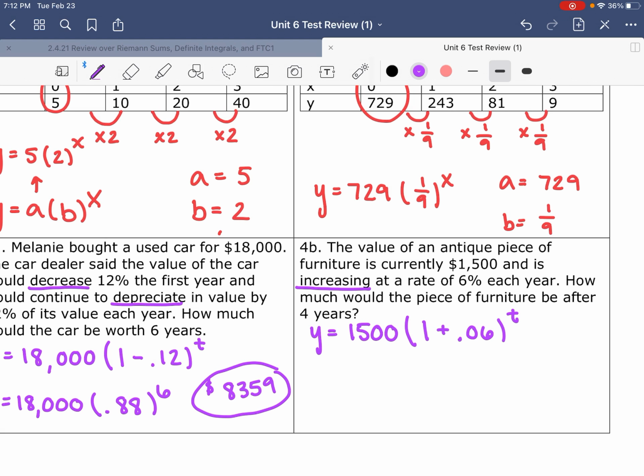So if it's a single digit number, make sure you put that 0 in front, not just 0.6. So then I have y equals 1,500. If I add that, I get 1.06. And then it's looking for after 4 years, so that t is going to become a 4. Then I can just use my calculator.